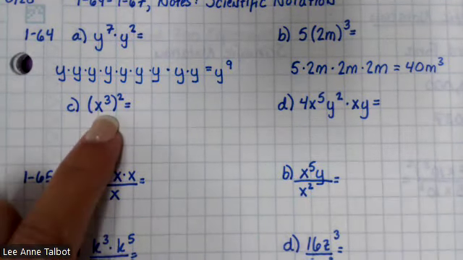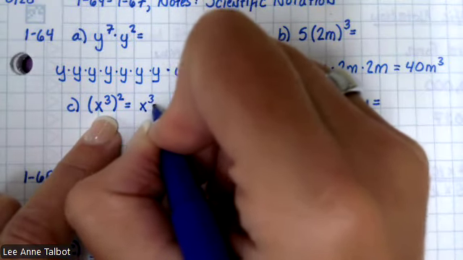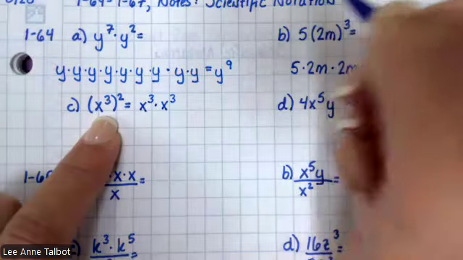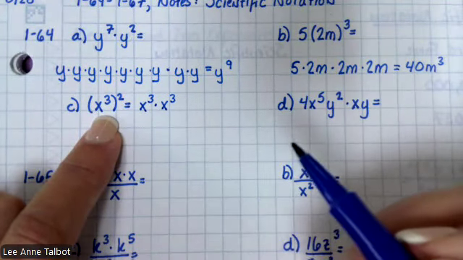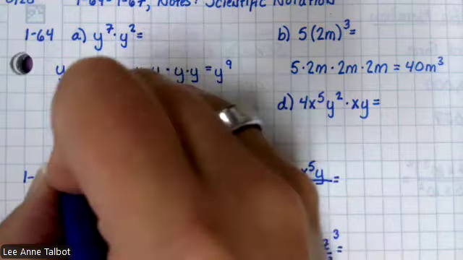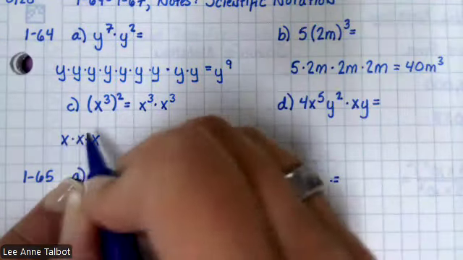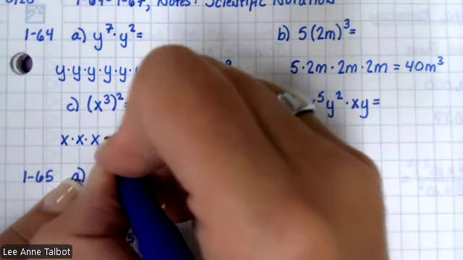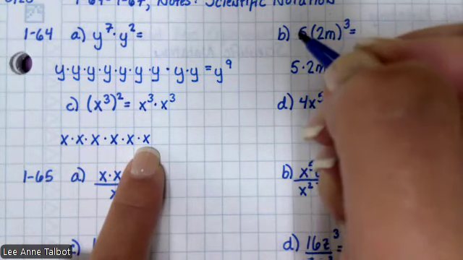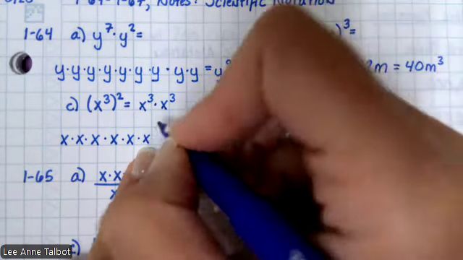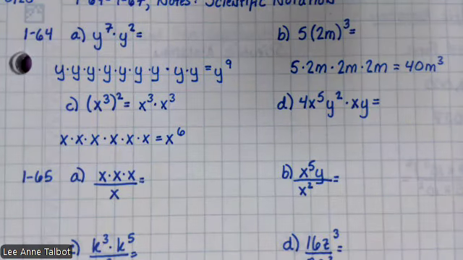Okay, x cubed squared. This is the same thing as x cubed times itself. So x cubed occurring twice, which is x times x times x. There's the first x cubed, times x times x times x. That's the second x cubed, which is x to the 6th.